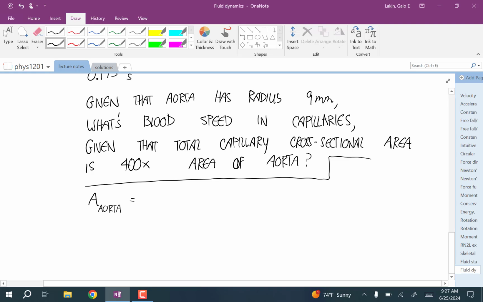We're going to assume this is a circular cross-section, so this is pi r squared. So pi times 0.09 meters squared gives a cross-sectional area in the aorta of 2.545 times 10 to the minus fourth meters squared.